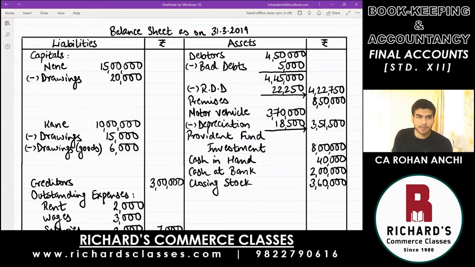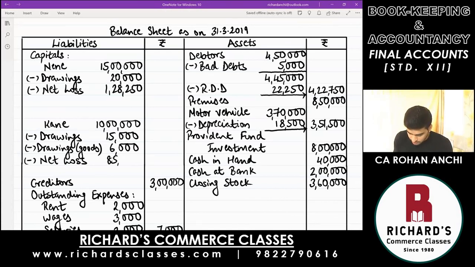We always add net profit. This time we have net loss, so we will deduct. Write down minus net loss. For Nene, it was 1,28,250. For Kane, write down again minus net loss. That was 85,500.